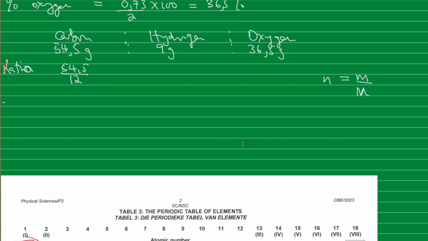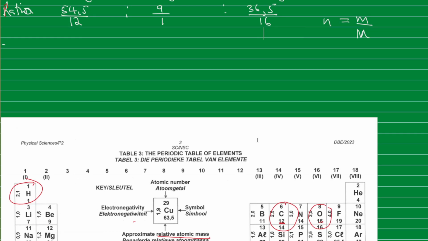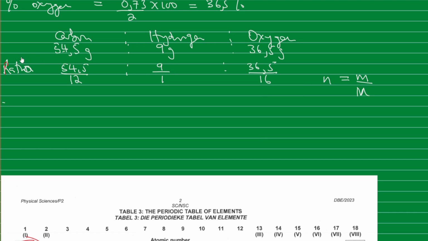And for this one, it will be 9 divided by 1, the molar mass of hydrogen. And this one will be 36.5 divided by the molar mass of oxygen, which is 16. Let's see the answers that we'll get from here.